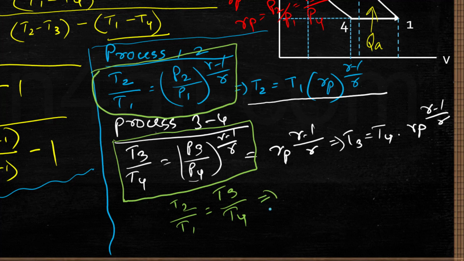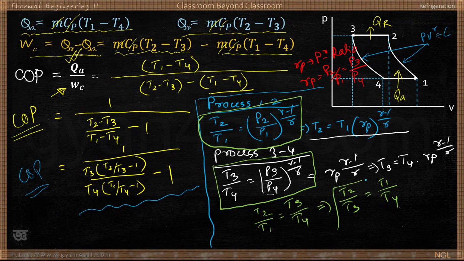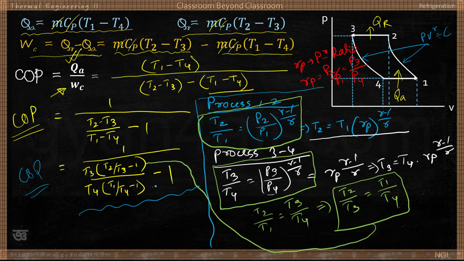And from this we can get T2 divided by T3 is equal to T1 divided by T4. Fine, just rearrange the thing, and you see these two terms are the same. That means T2 divided by T3 and T1 divided by T4 are the same. So what we can get, this term will cancel.